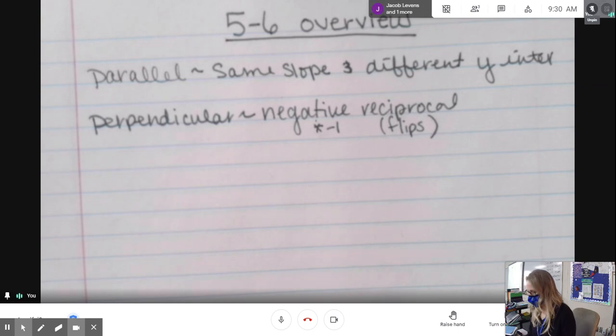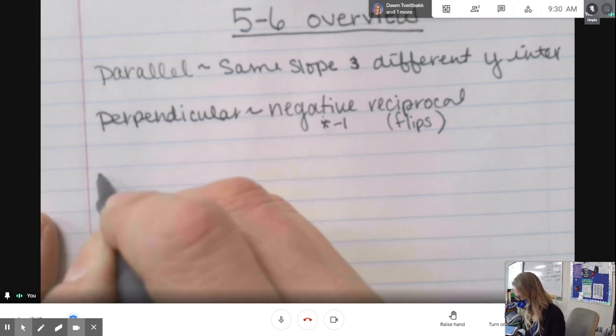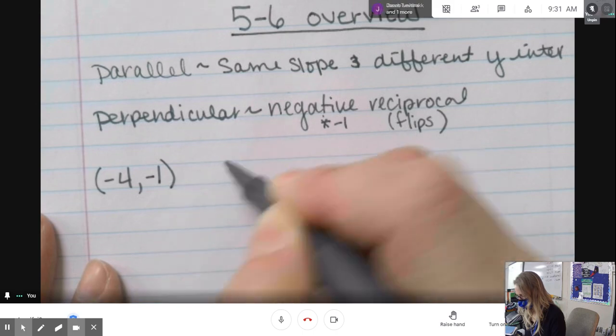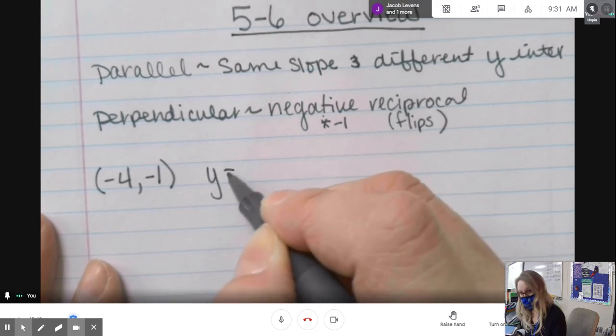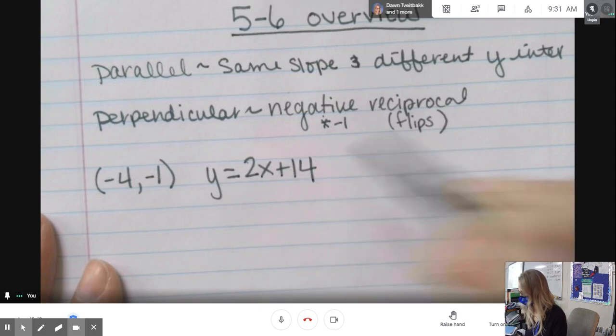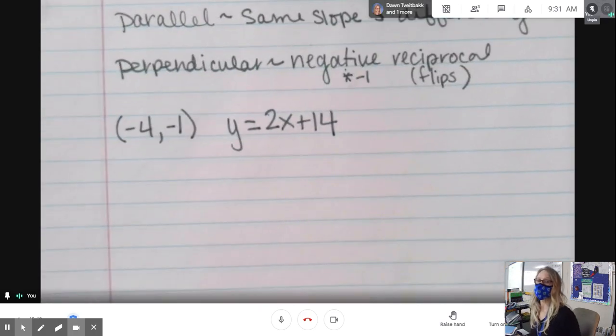Okay, so if I gave you the point -4, -1, and the equation y equals 2x plus 14, and I said, write me an equation that is parallel to that one and goes through that point, could you do that right now on your paper?